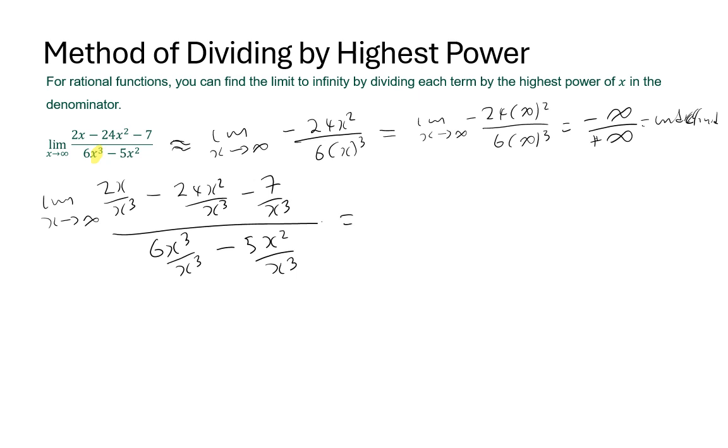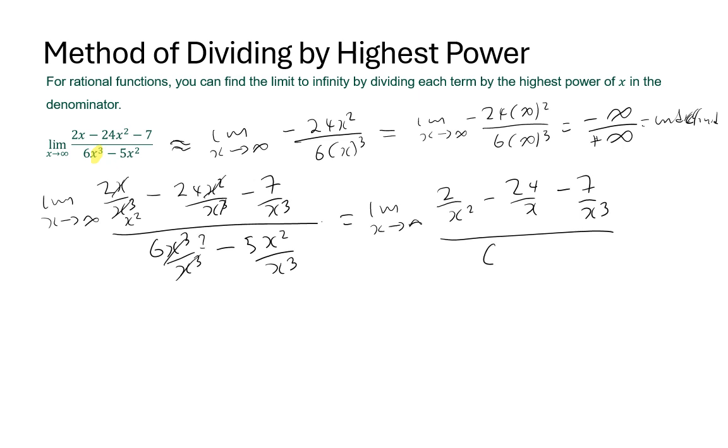Here x goes into this, and we'll be left with x squared. So we'll have the limit as x tends to infinity of 2 over x squared, minus 24 over x, minus 7 over x cubed, divided by 6 times 1 is 6, minus 5 over x.